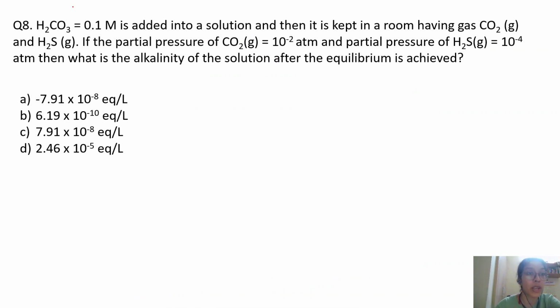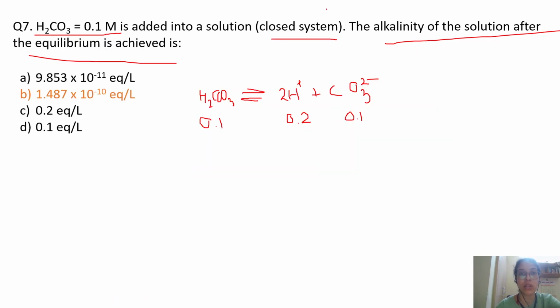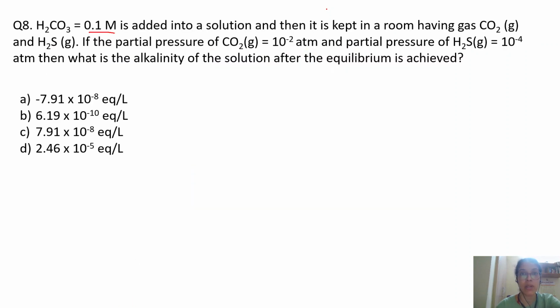Now carbonic acid we are adding as 0.1. Now it is an open system. In the last question it was a closed system; now it is an open system. It is kept in a room having CO2 gas and H2S gas as well. If the partial pressure of CO2 is this much and the partial pressure of H2S is 10 raised to power minus 4, then what is the alkalinity of the solution after equilibrium is achieved?